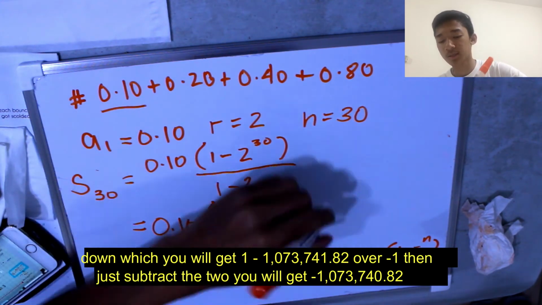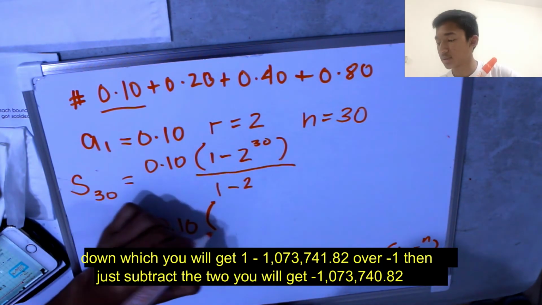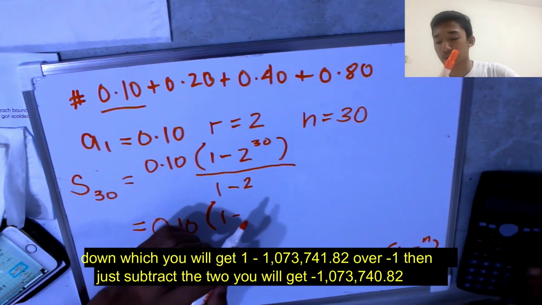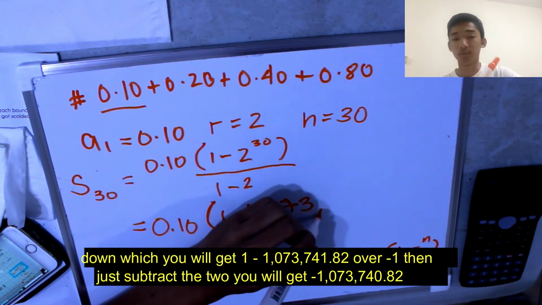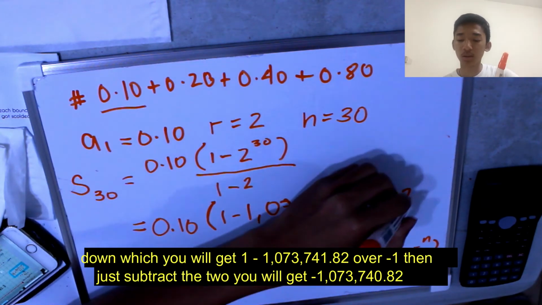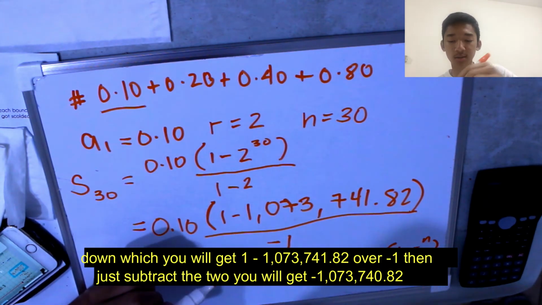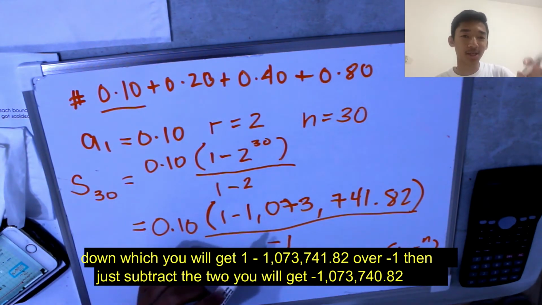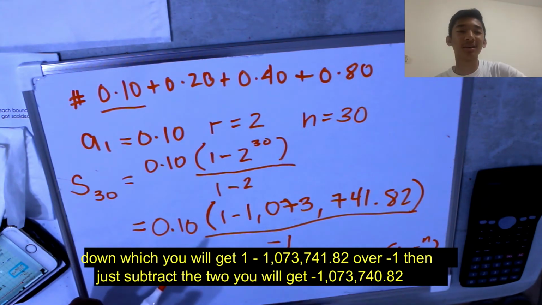So we're going to have to write that down. So the given is 1 minus 1,073,741.82. There we go. So we're just going to subtract the 1,073,741.82.